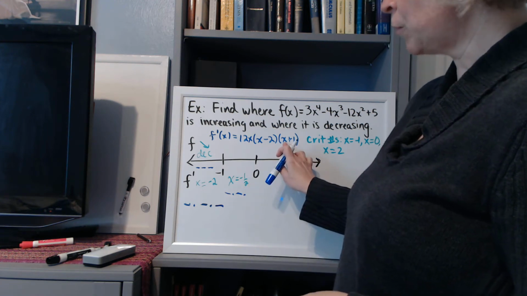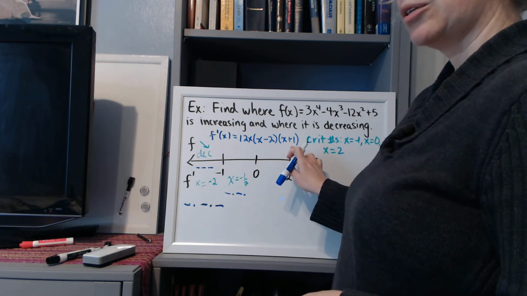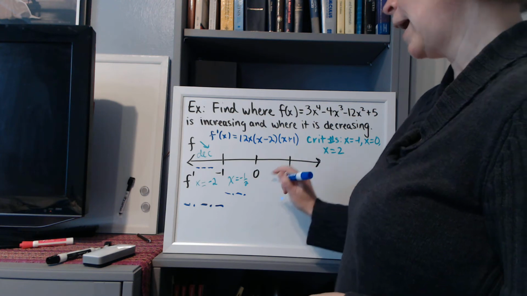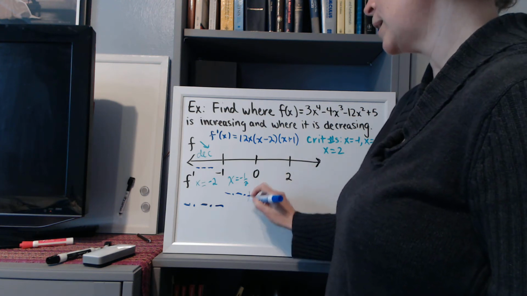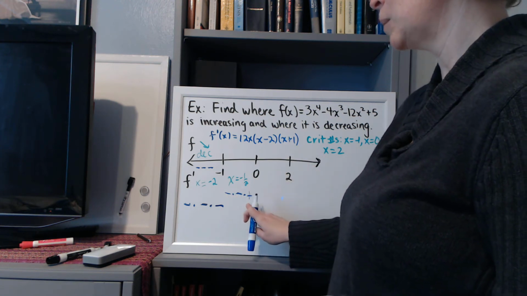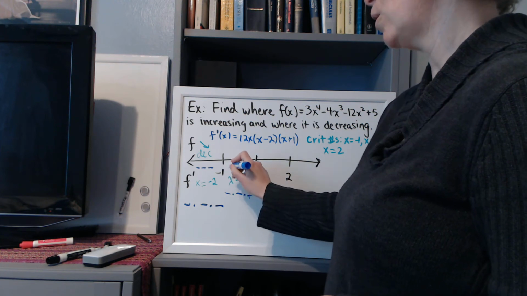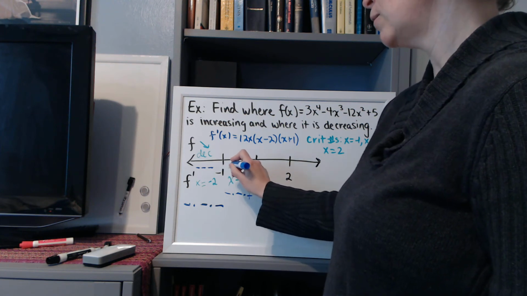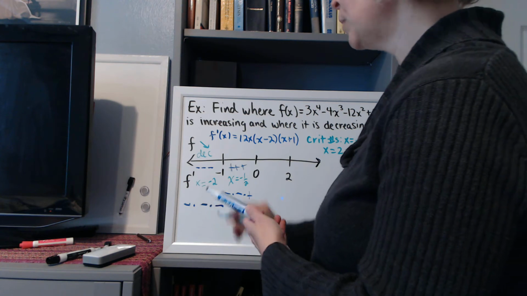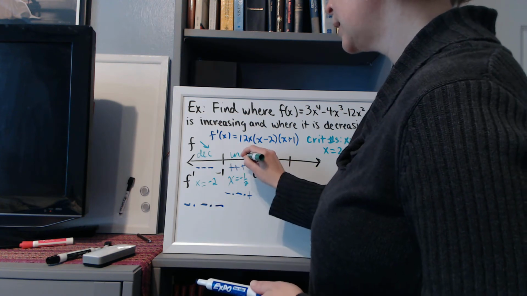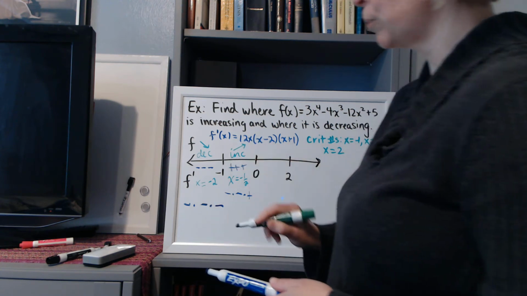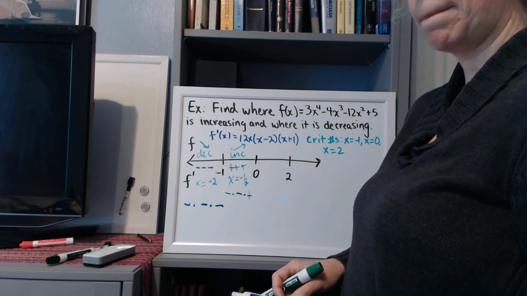When we plug in negative 1/2 to x plus 1, that's going to give us positive 1/2, so that will be positive. So we get negative times negative times positive, which overall is positive. So that means the function is increasing because the derivative is positive.